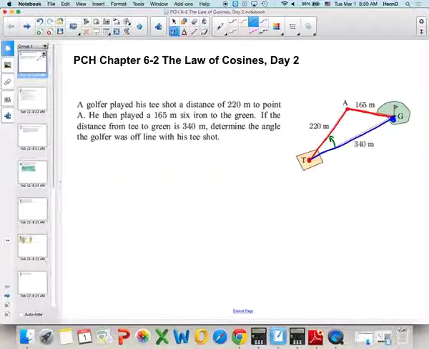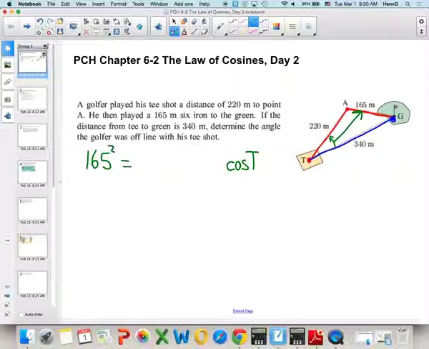Now, with the law of cosines, remember we had some side over here that's squared, and the angle that we're looking for is what we're going to take the cosine of. The side that goes over here has to be the side that is across from the angle you're looking for. So here, across from angle T is the 165 meter side.